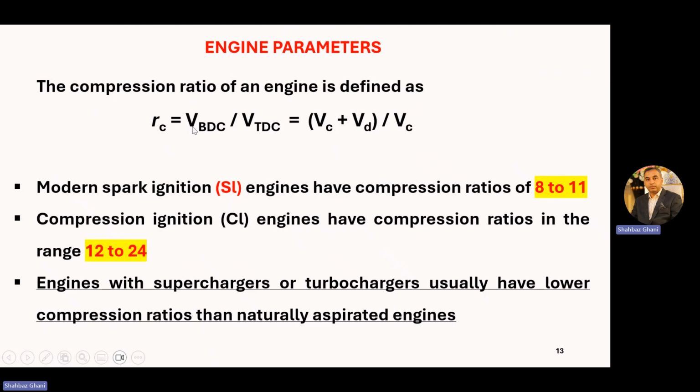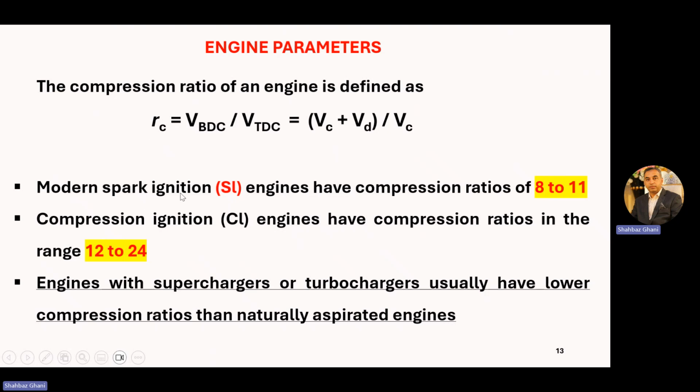The compression ratio is defined as volume at BDC divided by volume at TDC. So volume at BDC, the total volume, divided by the volume at TDC, only the clearance volume. So VC plus VD divided by VC, that is your compression ratio.